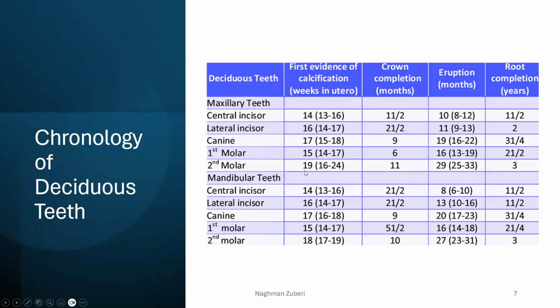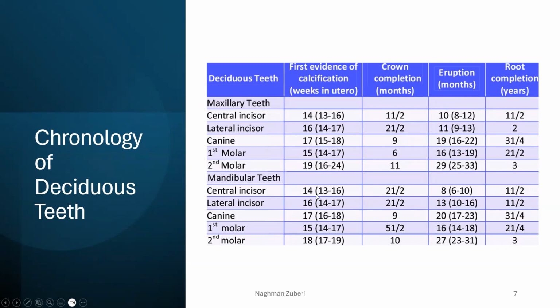Maxillary first molar: first evidence of calcification is at 15 weeks in utero, with a range of 14 to 17 weeks. Crown completion is at 6 months, eruption at 16 months after birth with a range of 13 to 19, and root completion at 2.5 years.